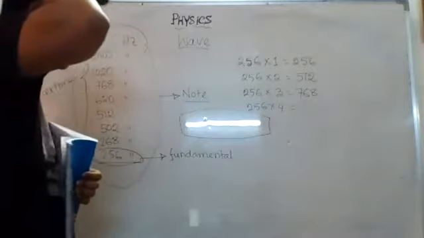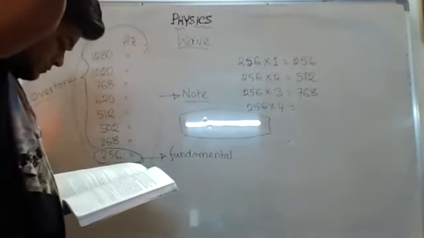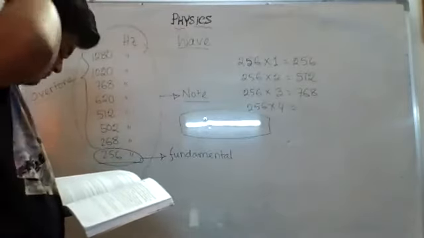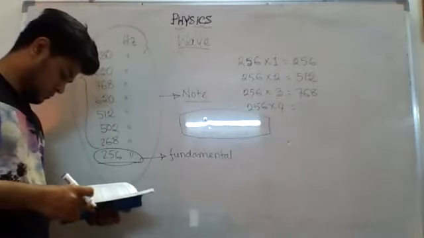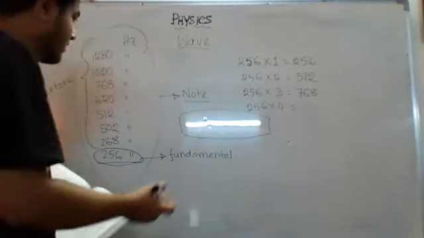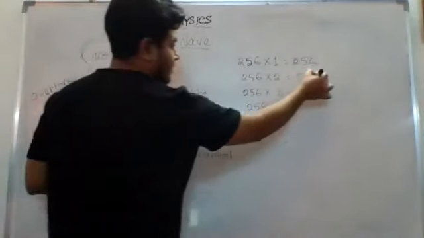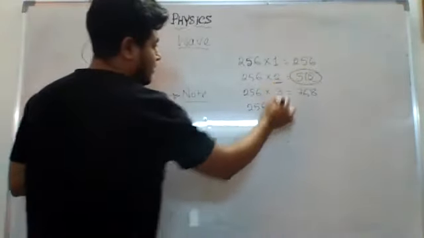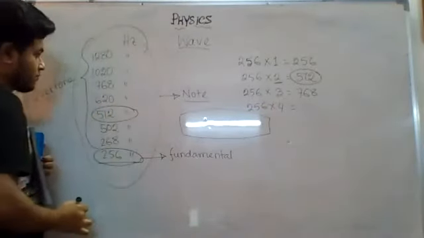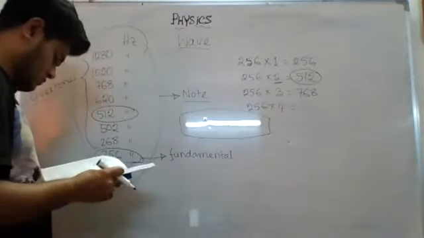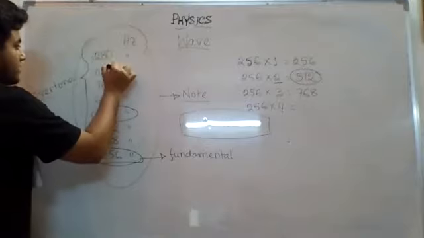Can you do the calculation? Sir, 1024. Okay, whatever it is. So you can see that 512 is a multiple of 256, right? 1024. Acha, let us consider this 1020 as 1024.